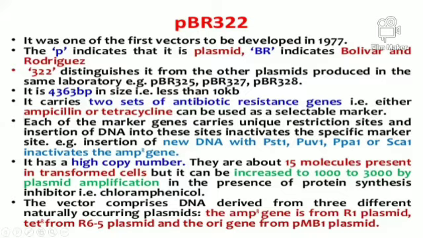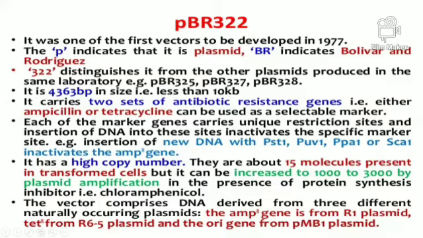Then pBR322 is 4363 base pairs in size, which is less than 10 kb. So it has very few base pairs, and it carries two antibiotic resistance genes.